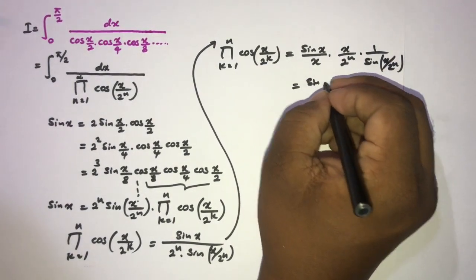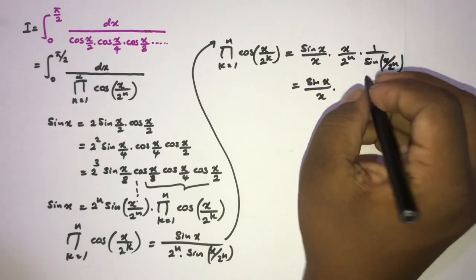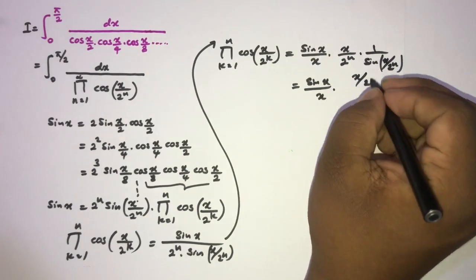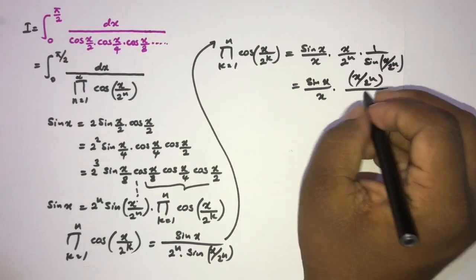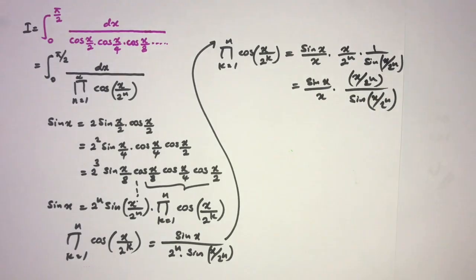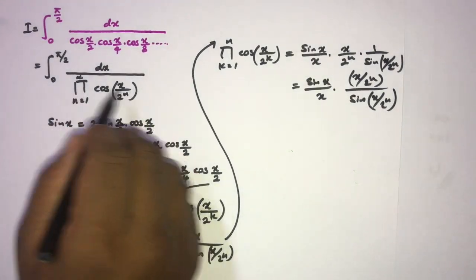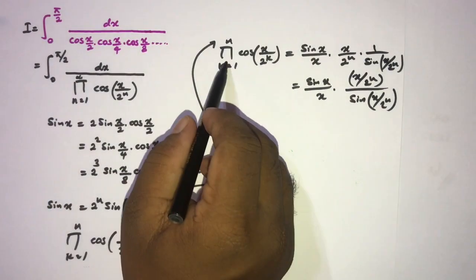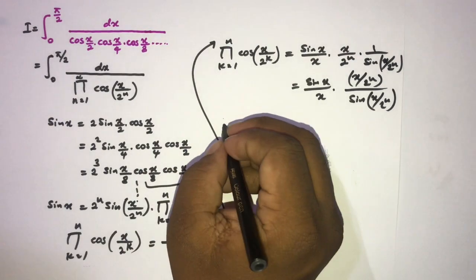I am going to rearrange this like x over 2 raised to the n over sine of x over 2 raised to the n. Now we need the infinite product, but here we have n, so I'm going to apply a limit.